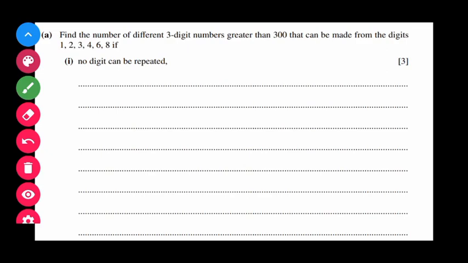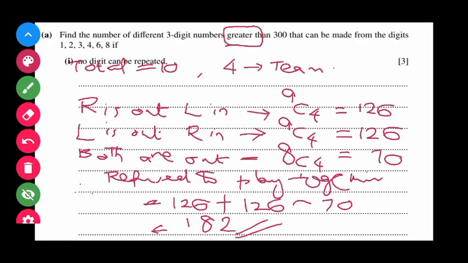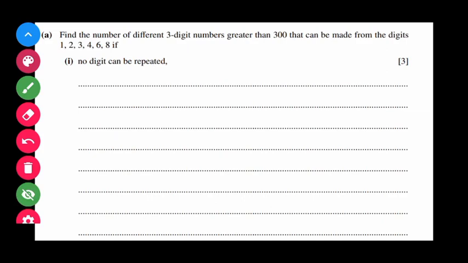So we have to find the number of different 3-digit numbers. The condition given is that the number must be greater than 300, and it can be made from the digits 1, 2, 3, 4, 6, 8.